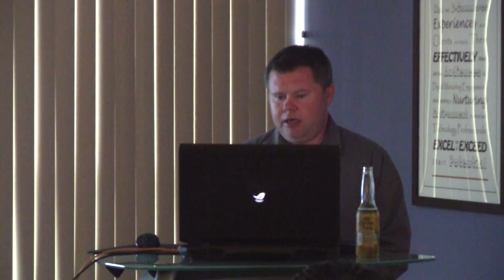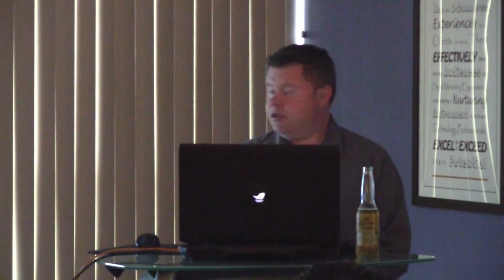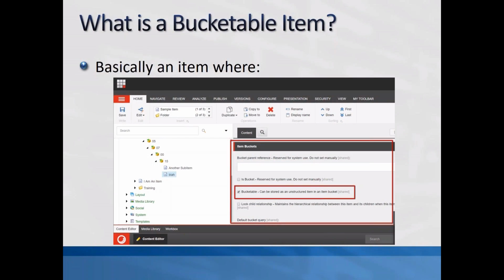The Sitecore documentation says you need to click this box on these items, or put it on the standard values of the template for the item. It's great if you have maybe 10 items, but if you have thousands, then we'll talk about that.